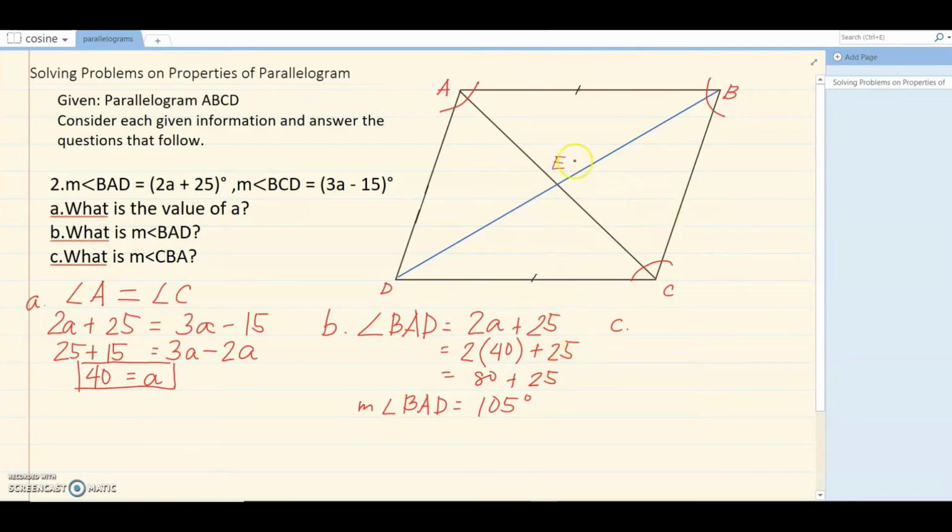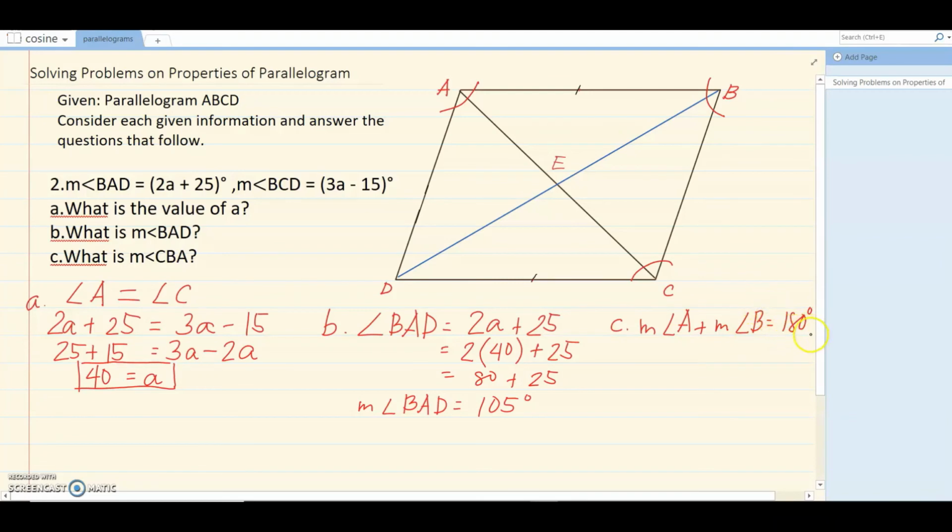And the relationship of angle A, the measure of angle A plus the measure of angle B is 180 degrees. That is consecutive angles of the parallelogram supplementary.